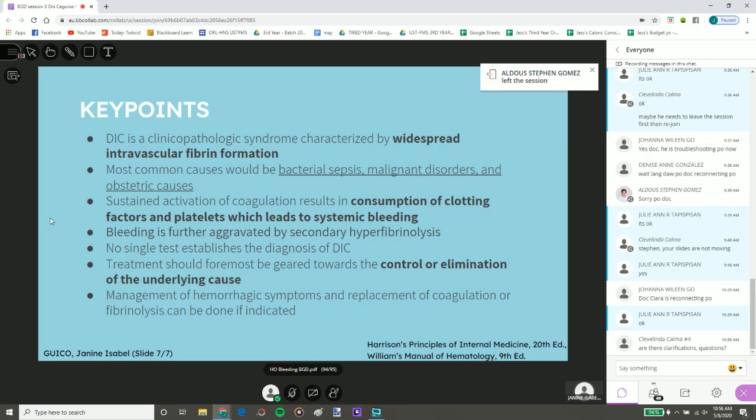Bleeding is further aggravated by secondary hyperfibrinolysis, and no single test establishes the diagnosis of DIC, but relies on the presence of several clinical or laboratory abnormalities of coagulation or thrombocytopenia. And the treatment should foremost be geared towards the control or elimination of the underlying cause and management of hemorrhagic symptoms, and replacement of coagulation or fibrinolysis inhibitors can be done if indicated. Thank you.